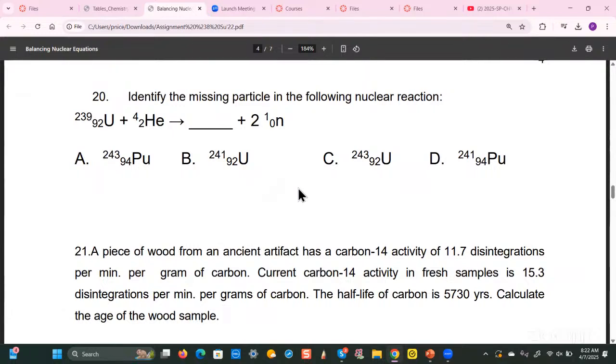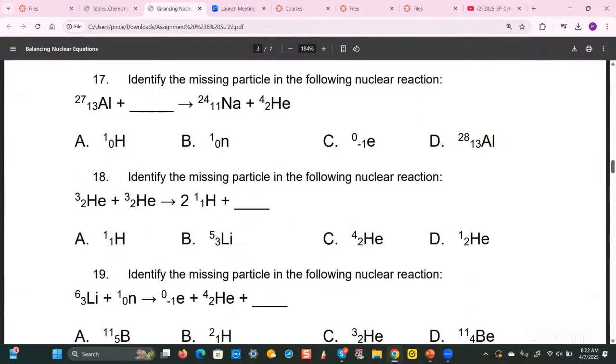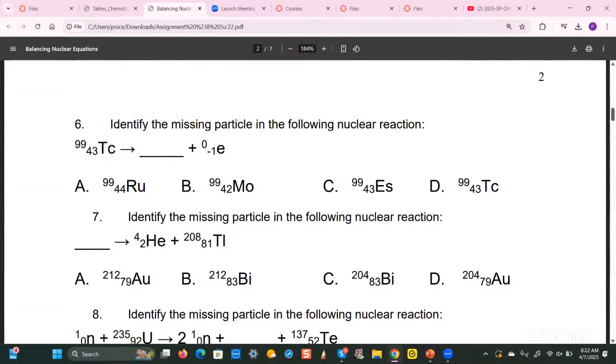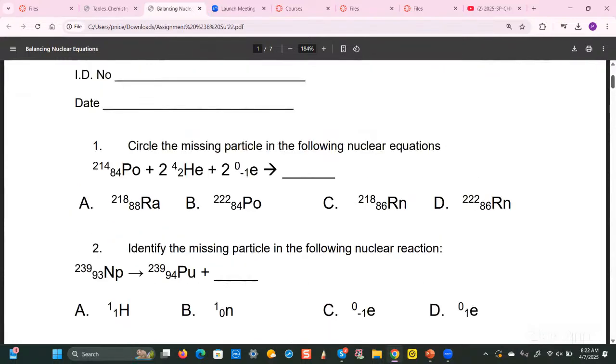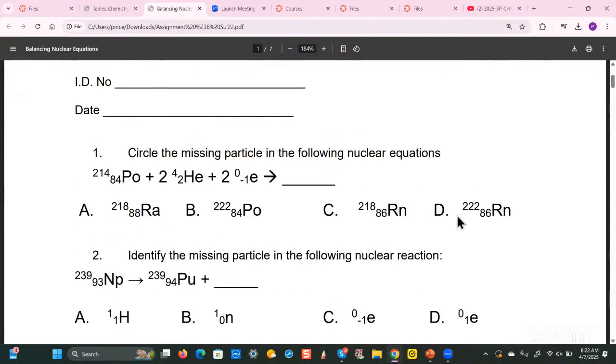Professor? Yes, ma'am. I had a question for number one. Okay, let me scroll back up here. In the options, why do we only add 84 plus 2 and we don't subtract the 1? I thought we did. Let me check again.